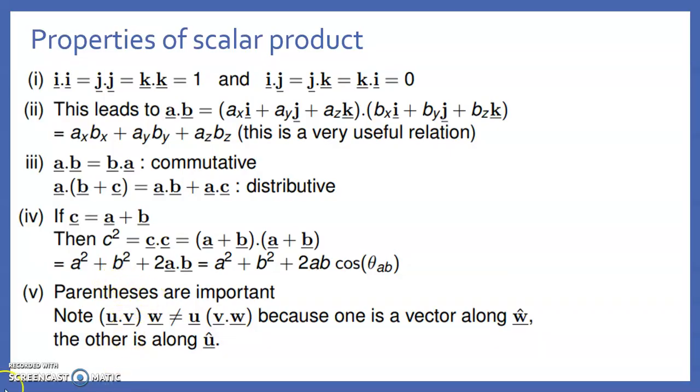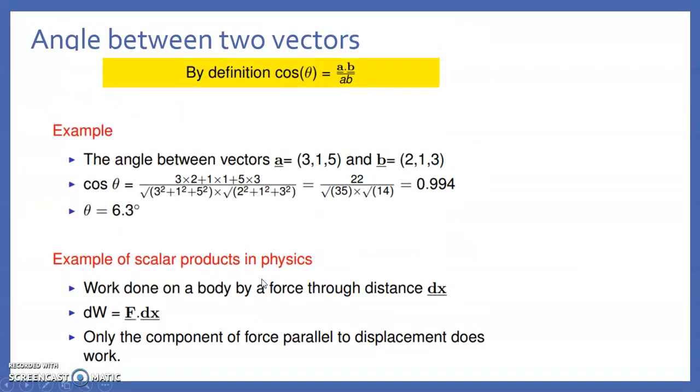Now the direction will be along the W vector. For the other one, V dot W is once again a scalar quantity, but when it is multiplied with the U vector, the answer will be along the U vector. Completely different vectors. So when you do a scalar product, you have to look very carefully at the parentheses.